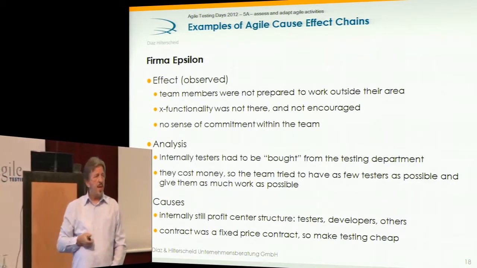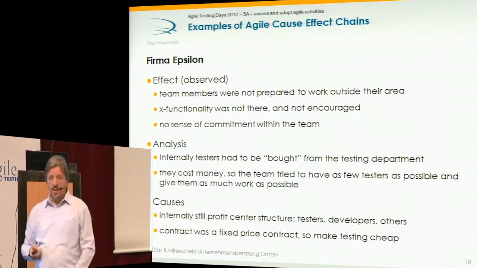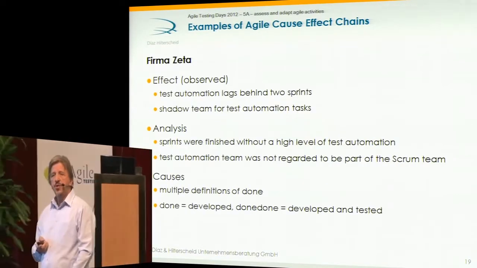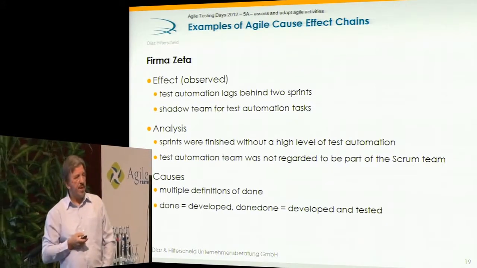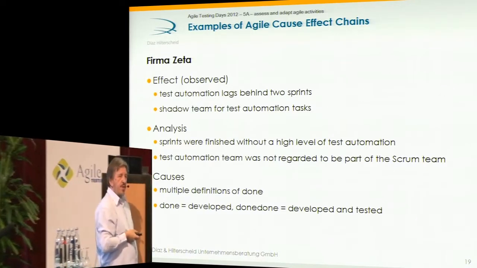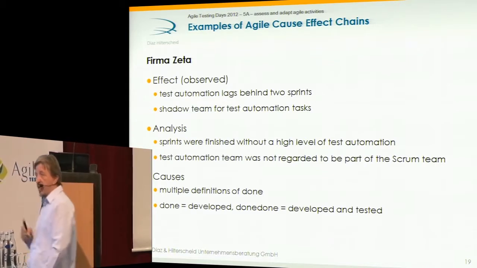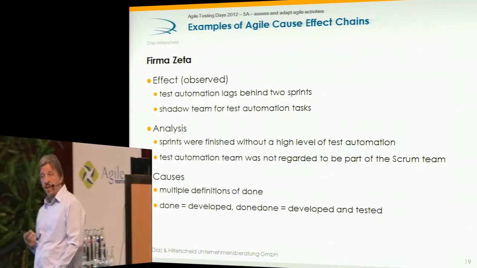And they actually had, I think that was the same team, their solution was they make two definitions of done. They make a definition of done for the developers, so that they say, well, we are done, and then they made another definition of done that included the testing and the testing activities.